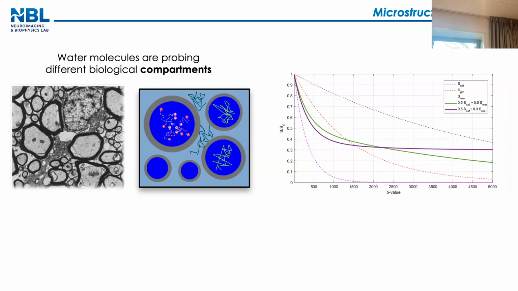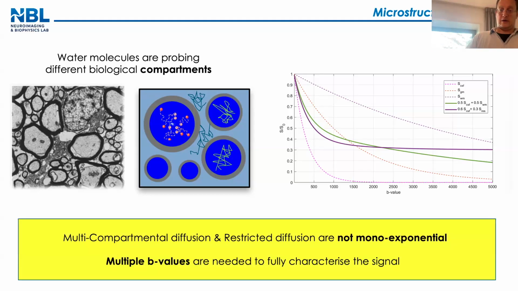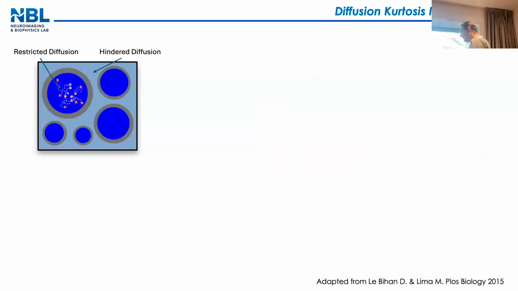That's why you need at least 2 or 3 points to try to guess the attenuation: if it's 1 exponential, 2 exponentials, 3 exponentials, and so on. So that's why you need multiple b-values, because you want to decompose the different attenuation profiles of the different compartments. That's it. Okay? So if we do that, the first thing we can do is what we call diffusion kurtosis.